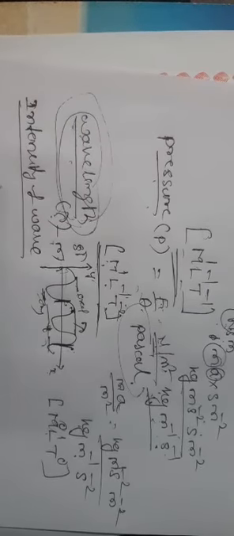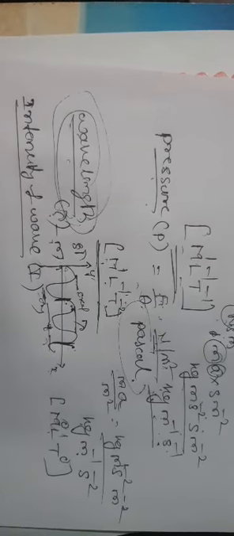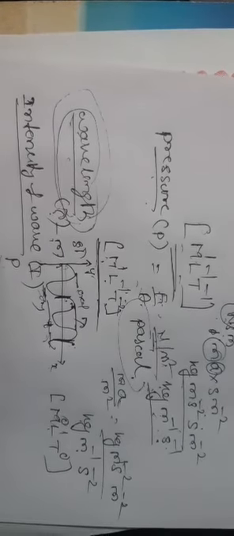Next, intensity of wave. The symbol is capital I. The intensity of a wave means the power acting per unit area.